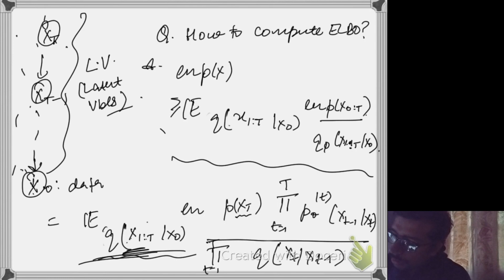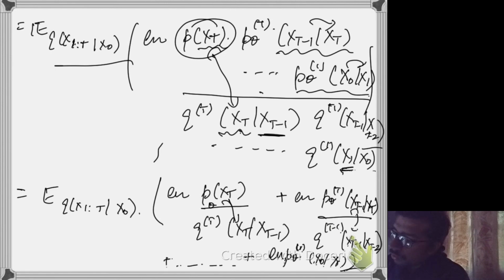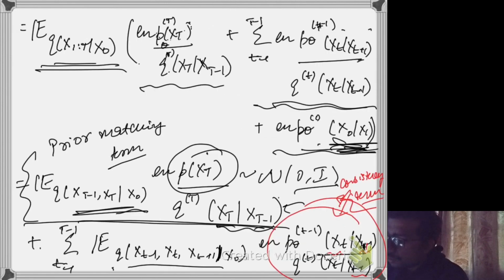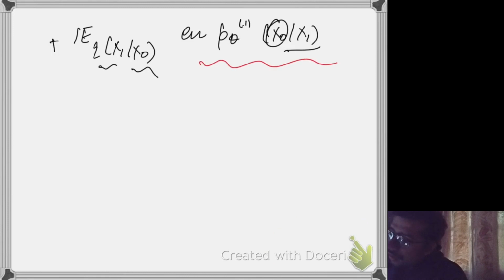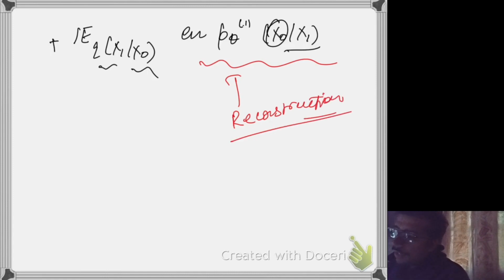So if I'm proceeding in the posterior fashion, I will go to it from x t minus 1, whereas in the likelihood fashion, I'll reach it from x t plus 1. Both these distributions should be as close to each other as possible, and it tries to ensure that these are consistent. And this final term which we saw over here is essentially the reconstruction term, wherein we try to reconstruct the image from the most recent latent variable, which is x1.